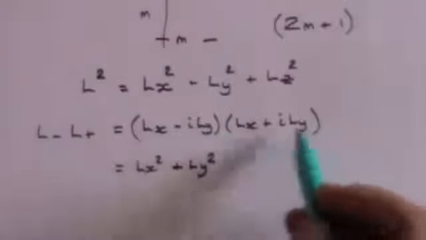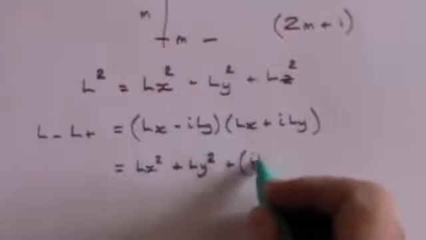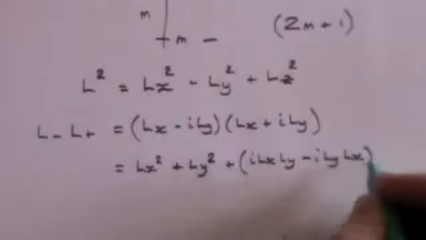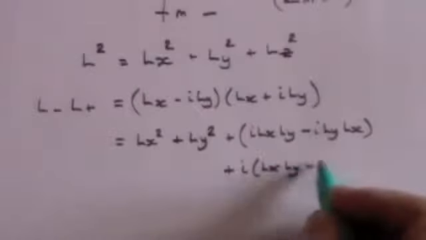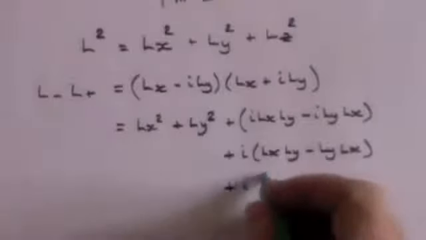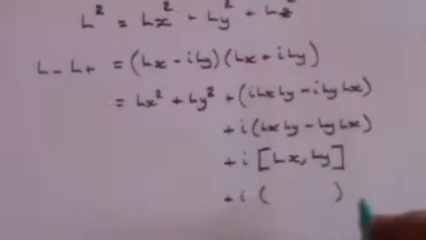And then these two terms together will give you plus ILx Ly minus ILy Lx. And this term here is simply plus I into Lx Ly minus Ly Lx, which is I into the commutator of Lx with Ly, because that's what that is, that's the commutator. And we know what the commutator of Lx and Ly is. It's I h bar Lz.